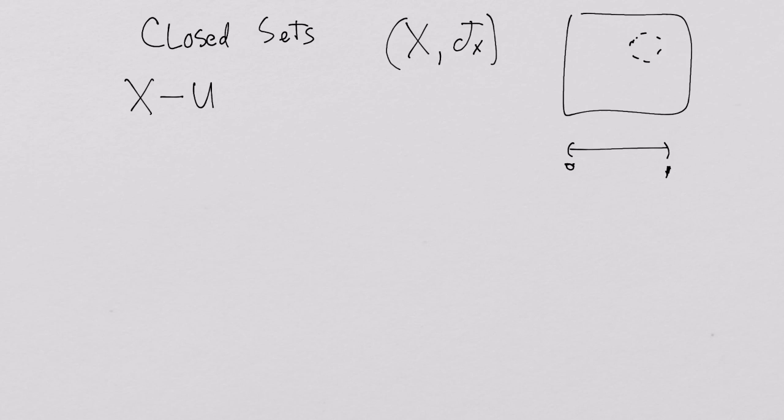That's really the total definition of a closed set. So in our situation where we have the open ball, the complement of the open ball will be the points that are on the boundary of the open ball and the entire rest of the plane.